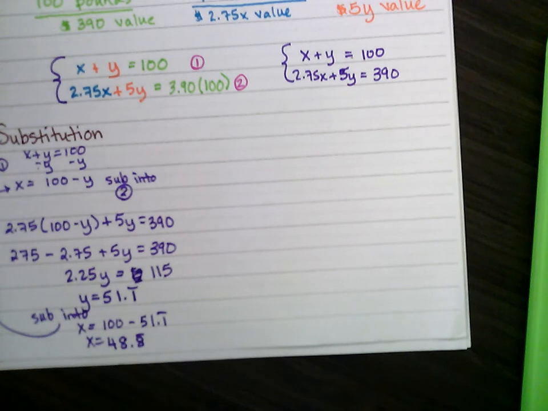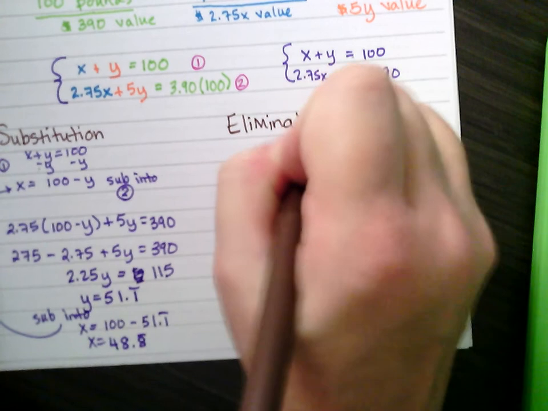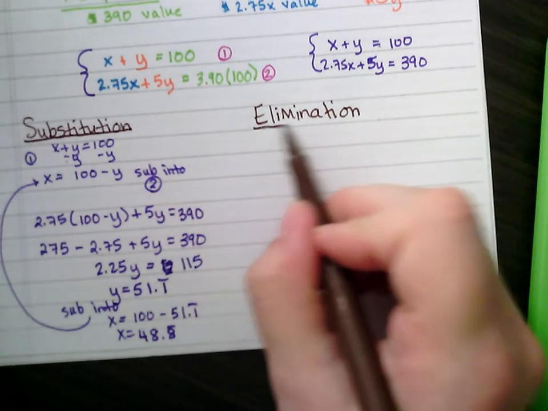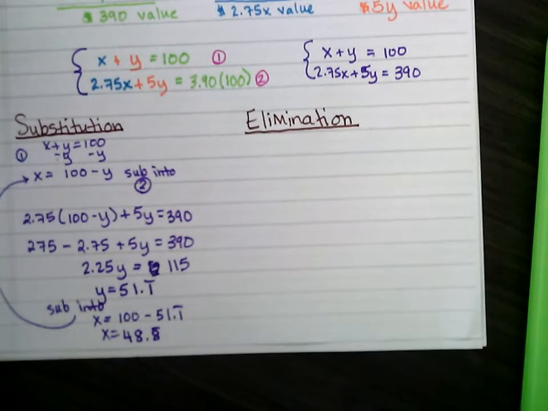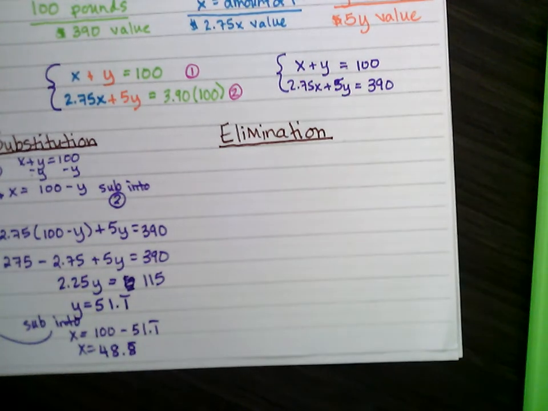If we're solving by elimination, what we want to do is multiply one or both equations by some constant number that would make one of these variables add up to 0 when I combine the two equations.